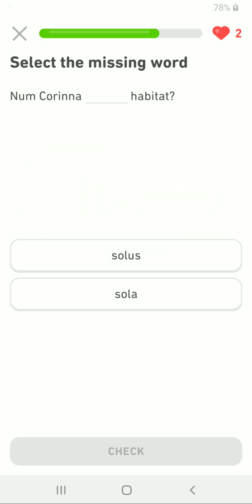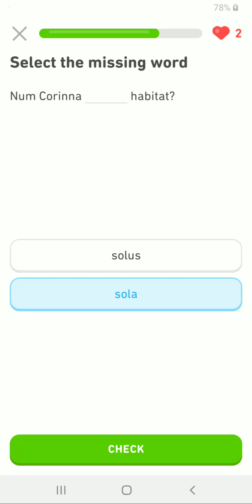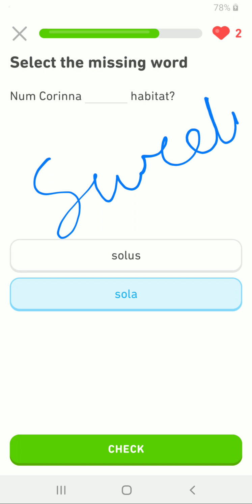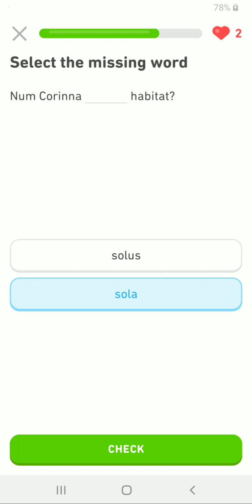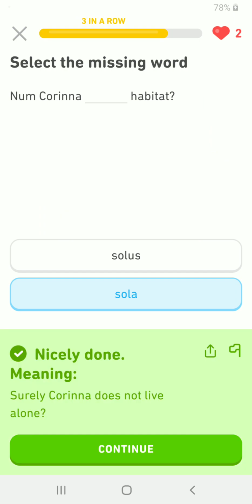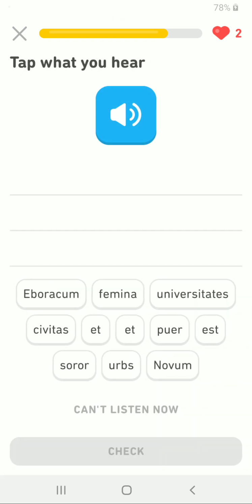So num means surely not. Not just surely, but surely not. Num Corina sola habitat. So surely Corina does not live alone.